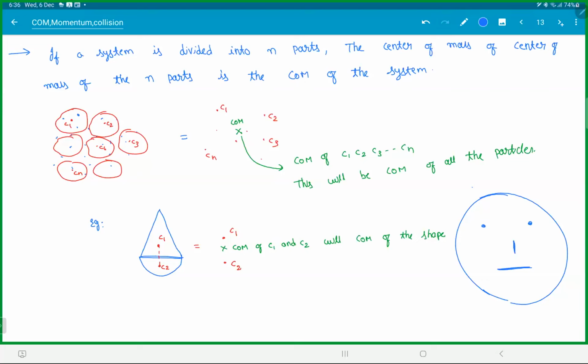So you can find individual centers of mass and then find it for the whole system. Please have a look at the statement. Quite a powerful statement, even though it kind of looks obvious. C1 is the center of mass of the cone. C2 is the center of mass of the hemisphere.